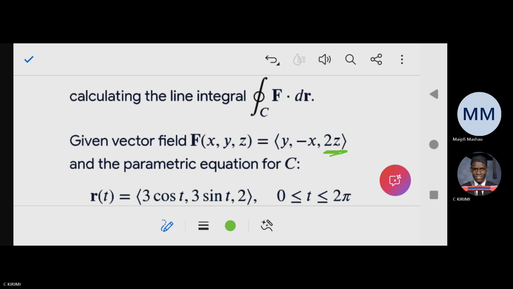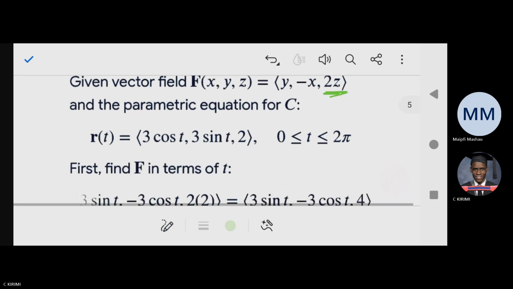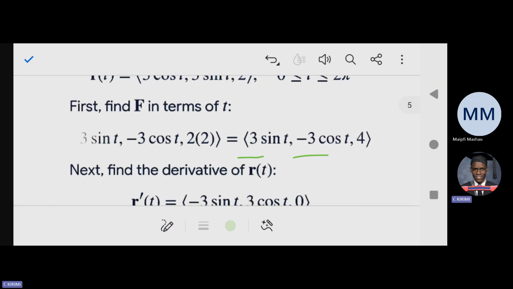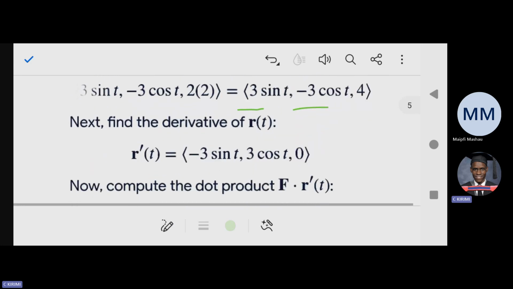And you are going to multiply the z plane, z equals 2, you substitute. That's why now, in terms of the parametric equation, it is 3 sin t minus 3 cos t, and the z coordinate is 4.